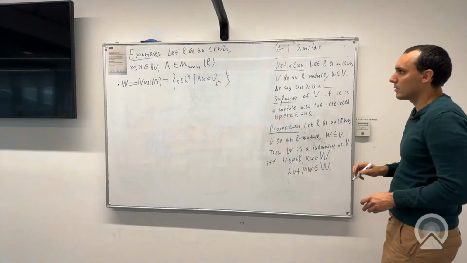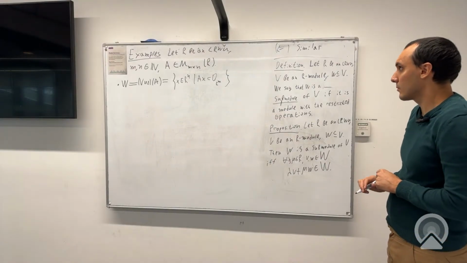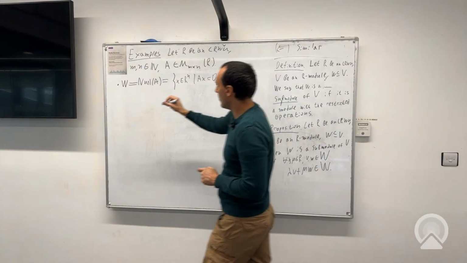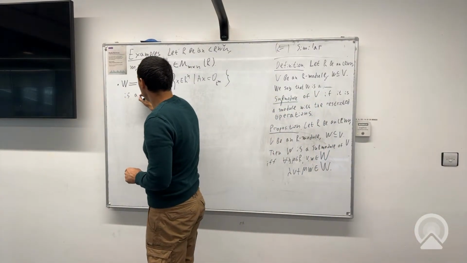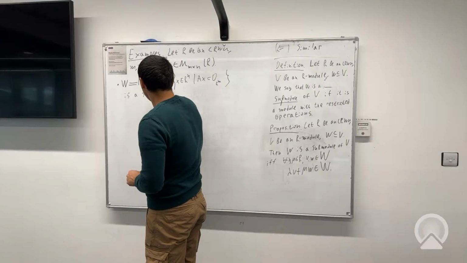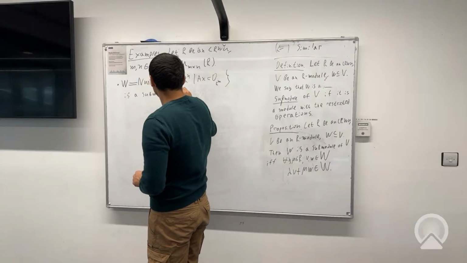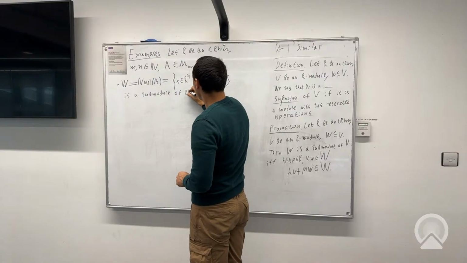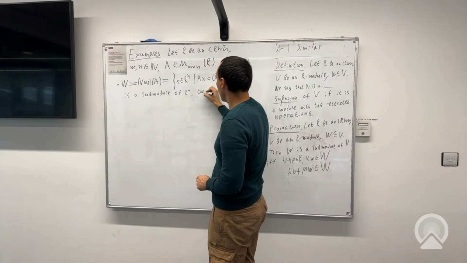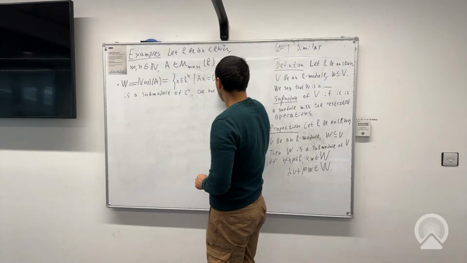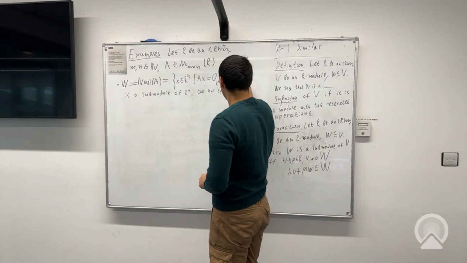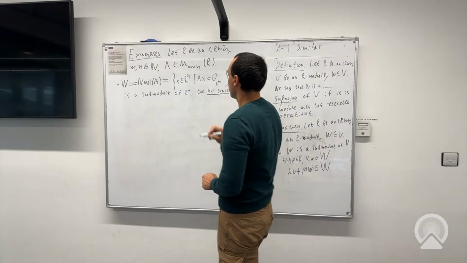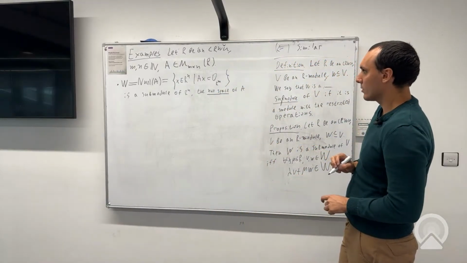This W is a submodule of Rn, and it's called the null space of A.